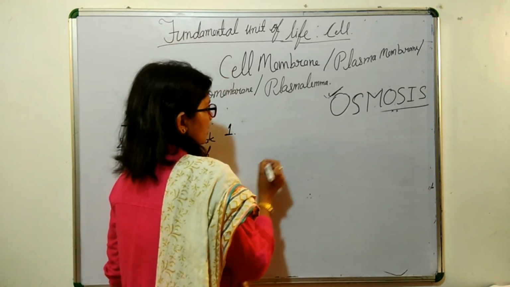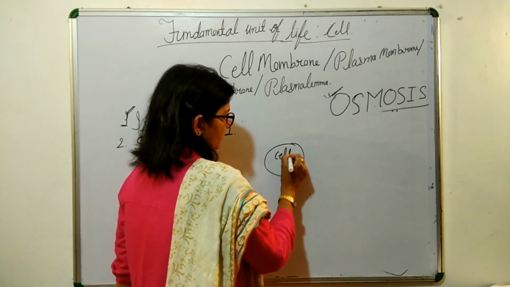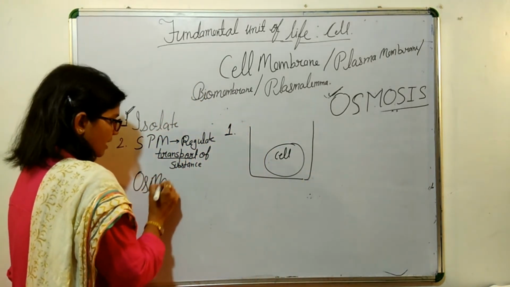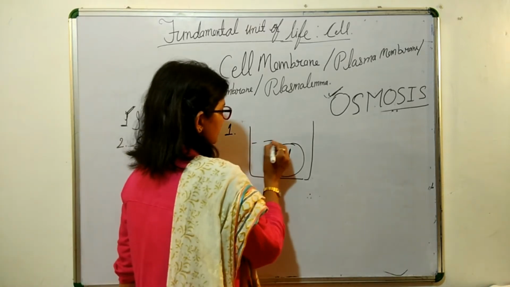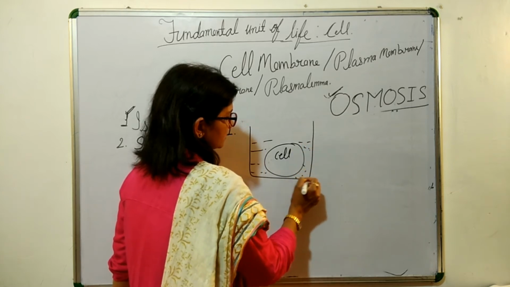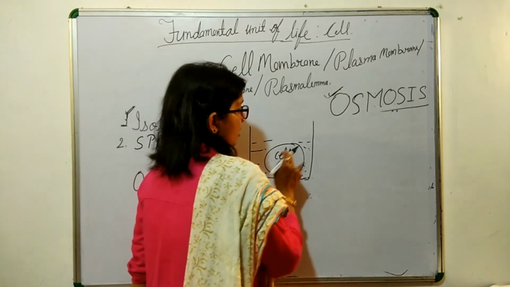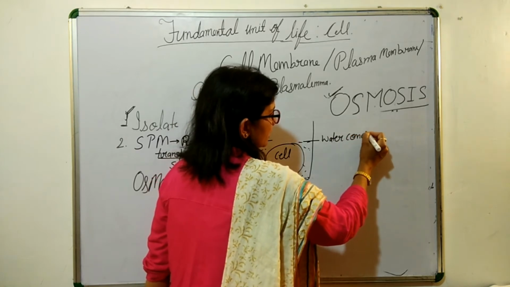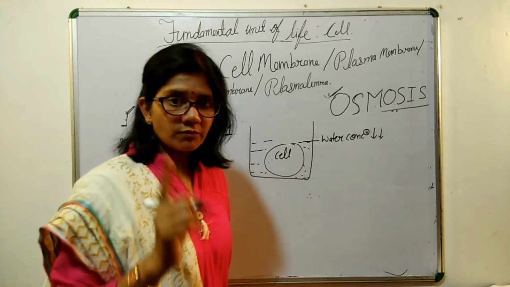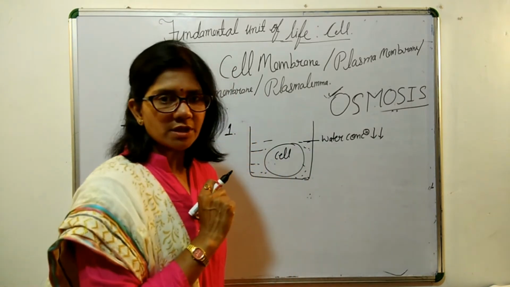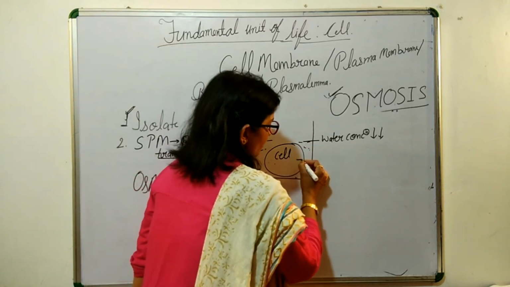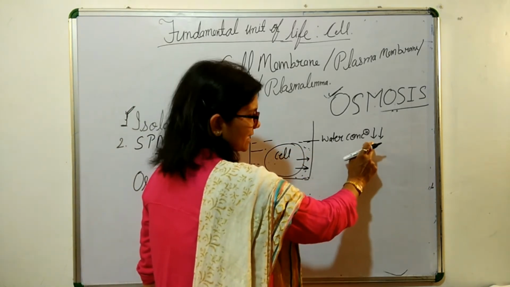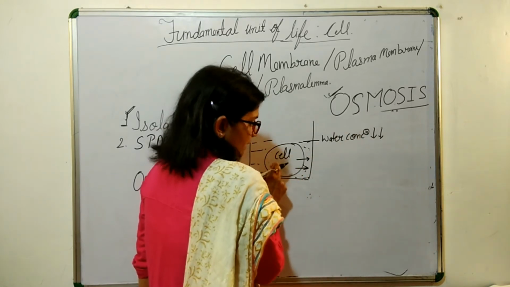In the first situation, we are putting a cell in a beaker having a concentration of water more than the cell, meaning here the water concentration is less and here the water concentration is more. What will happen? The water will move out.